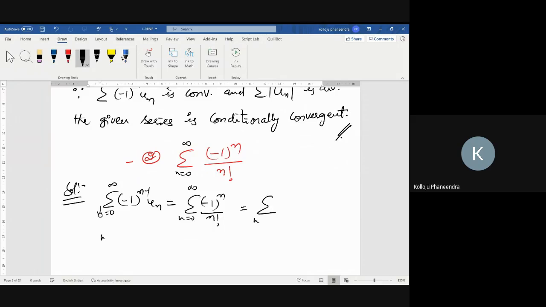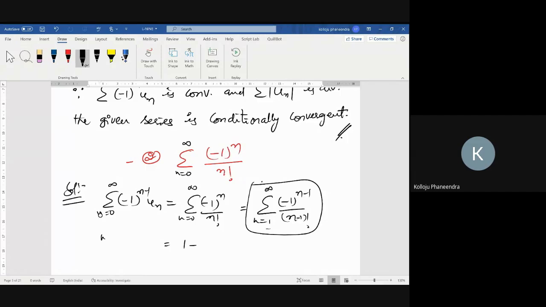One can write it as n is 1 to infinity minus 1 whole power n minus 1 by n minus 1 factorial. One can write like this, but no need. Anyway, what is this series? First one 1 minus 1. Since n equal to 0 is given, better one can skip this and write n equal to 1.